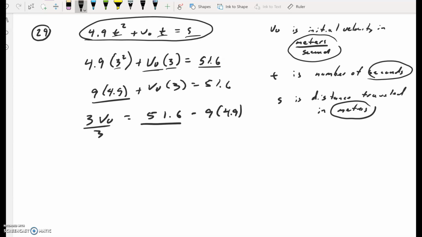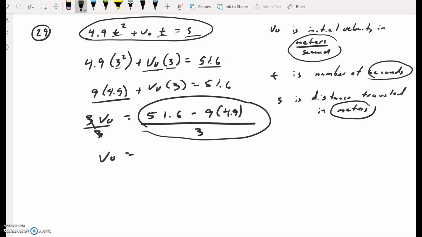Dividing both sides by 3, this whole right-hand side by 3, we now have v0, and we have a calculation. I'm going to do that on the calculator. And when I did that calculation carefully, I got exactly 2.5. And we know that v0 is the initial speed in meters per second.